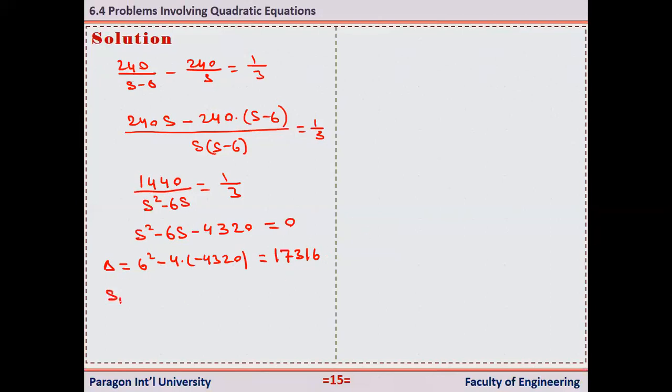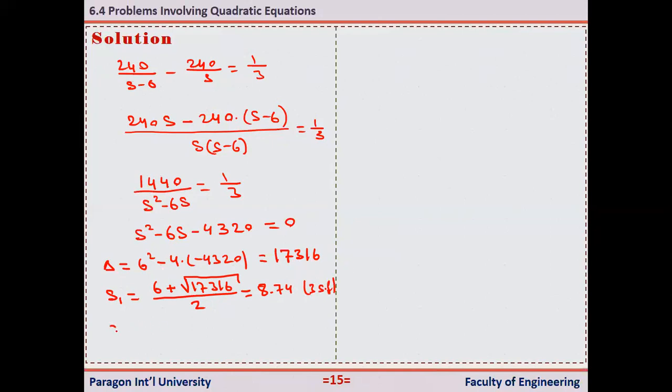So s sub 1 will be minus b, that is 6, plus square root of 17316, over 2 times a, that is 2. This is equal to 6 plus the root answer over 2, that's equal to 8.735, so 8.74 correct to 3 significant figures.